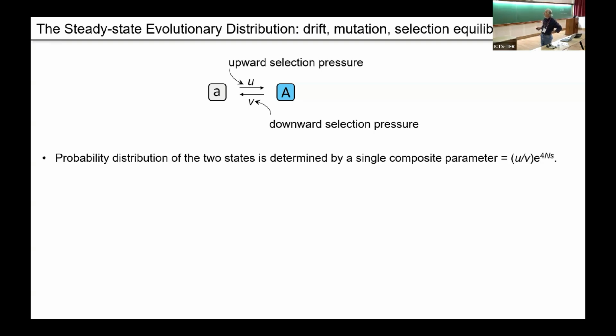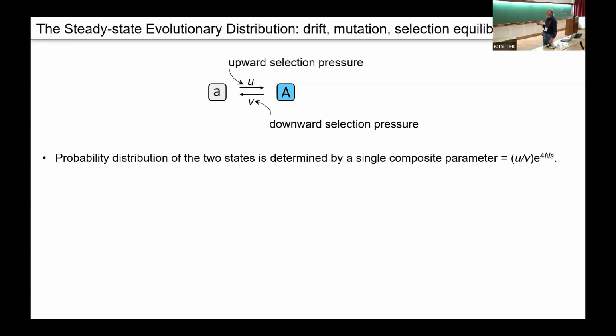And it turns out that everything in this simple model is a function of one composite parameter. That composite parameter has two parts. This is the mutation pressure, just the ratio of mutation pressures in two directions. So that's what mutation is doing.